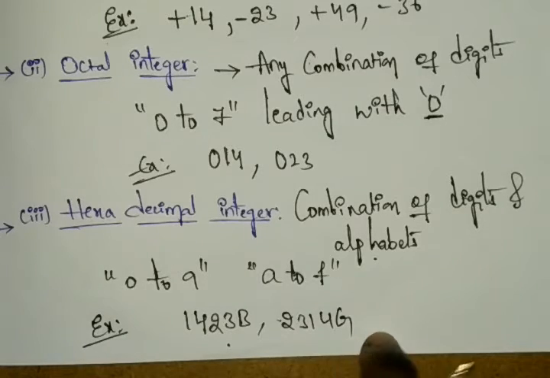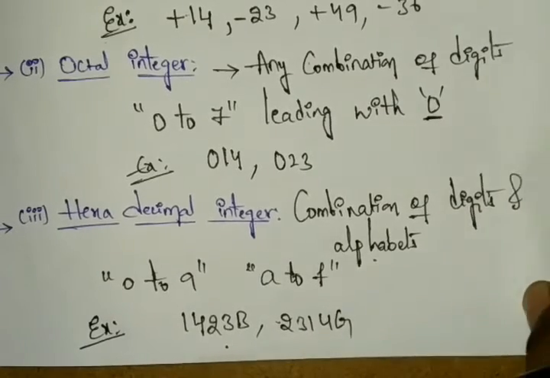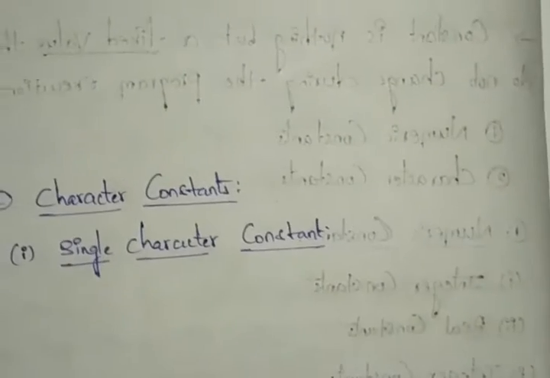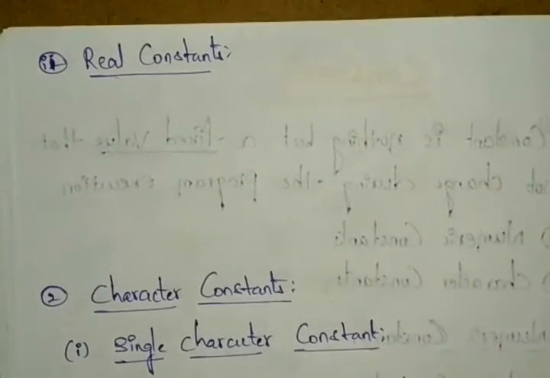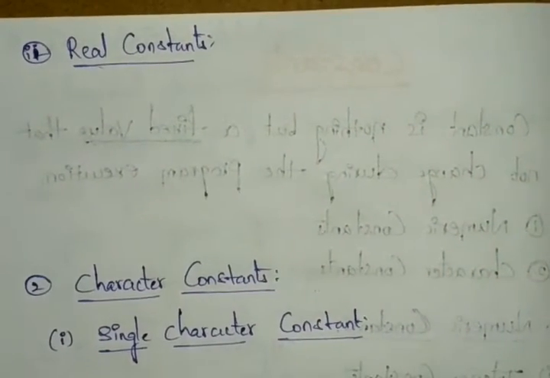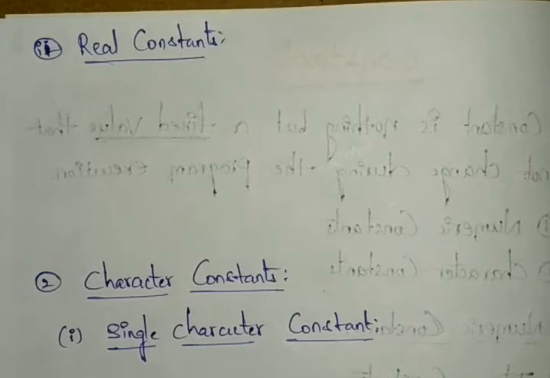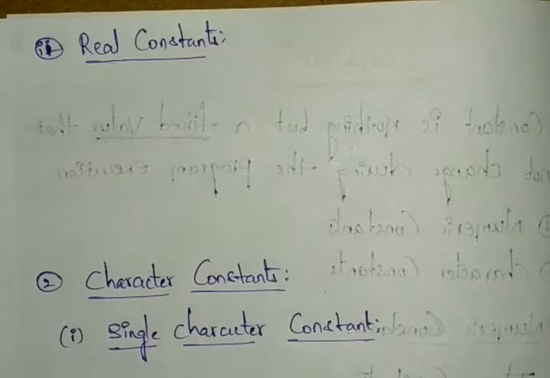And next we have the real constants. Second one, in the numeric constants we have the real constants. Comparing to our integer constants, by using integer constants we can represent only numeric values without fractional points.